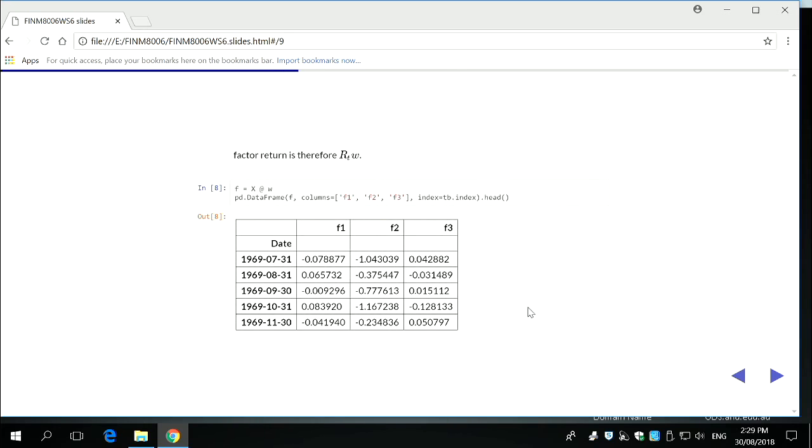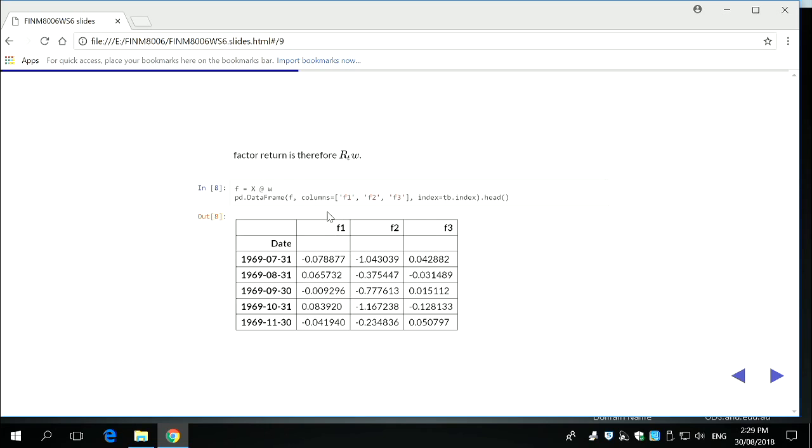Well, once we get the weight, we can calculate the factor returns. The factor return is just the weight times the returns in time t. So here, I have this x, which is the return of the industries, matrix multiplied with this weight w. So I have these factor returns here, f1, f2, f3.